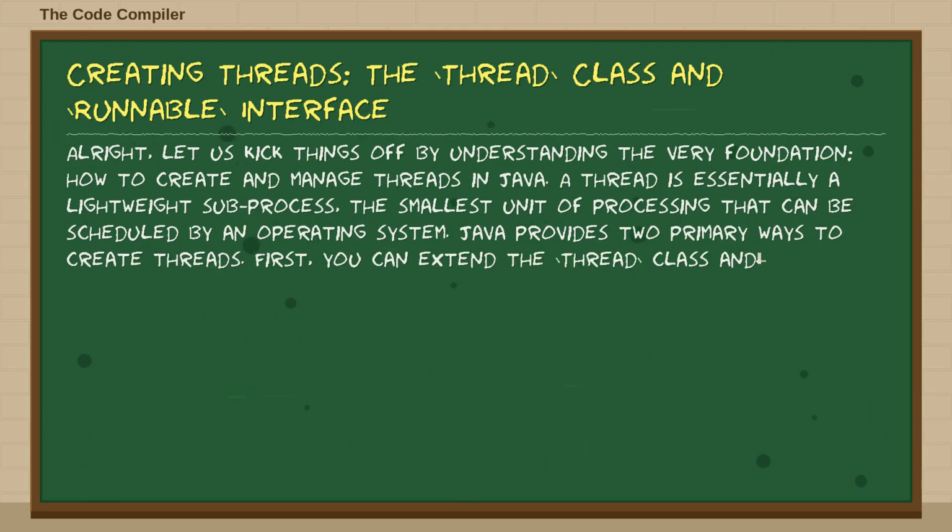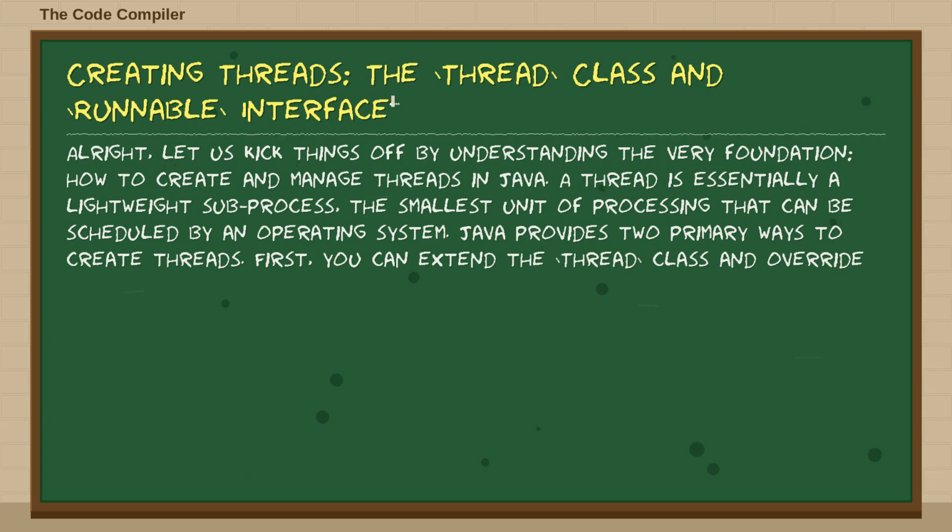First, you can extend the Thread class and override its run method. Second, and generally preferred for flexibility, you can implement the Runnable interface and pass an instance of your Runnable implementation to a Thread constructor. The run method contains the code that will be executed by the new thread.